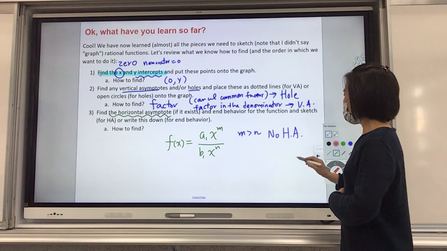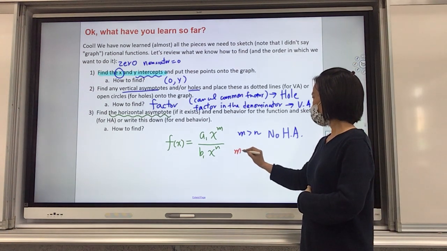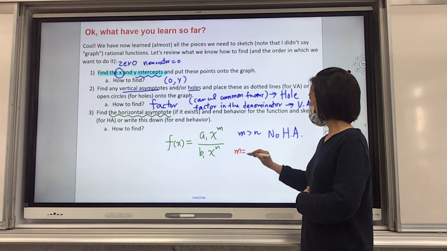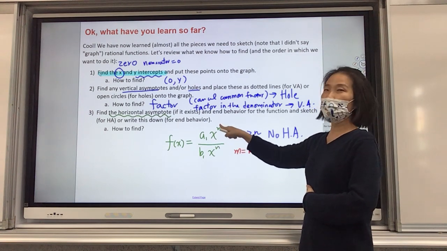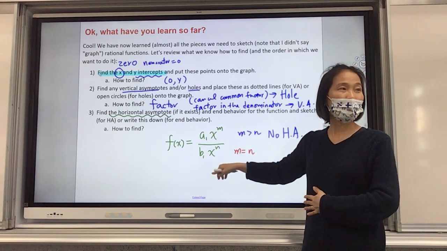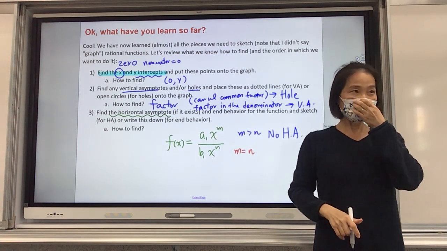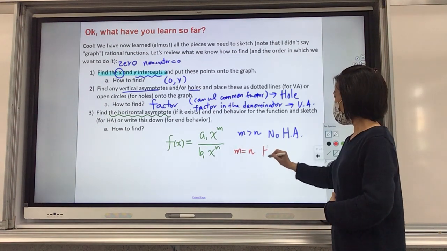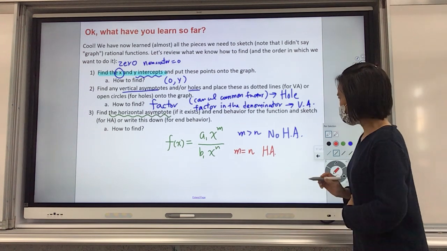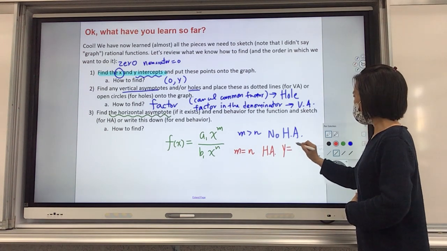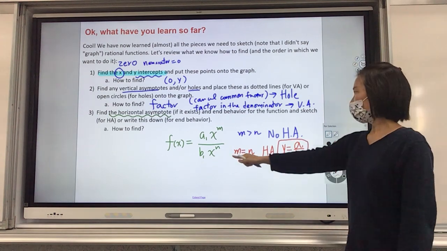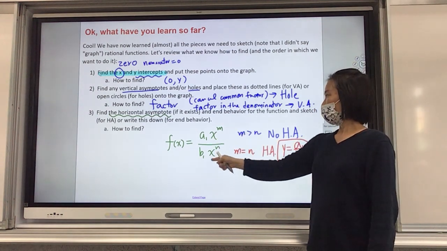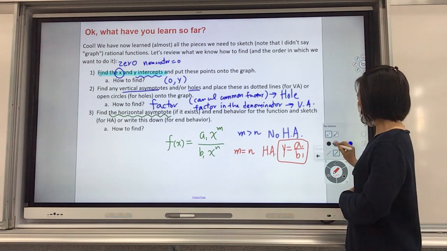If they have the same degree, this is both x squared, or x over x, or x cubed over x cubed, then yes, there is a horizontal asymptote. What is it? The horizontal asymptote is y equals a over b. Just take the leading terms and divide, right? Cancel the x.